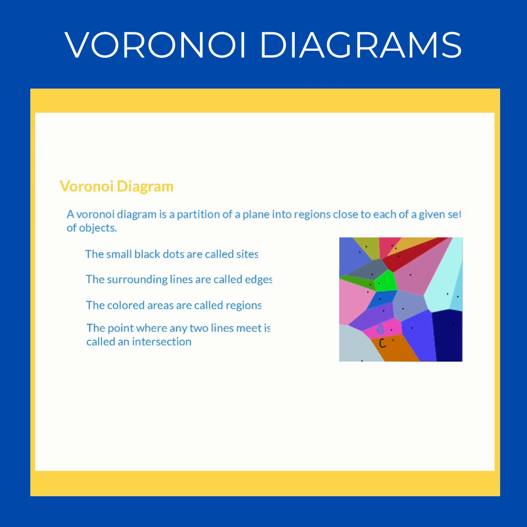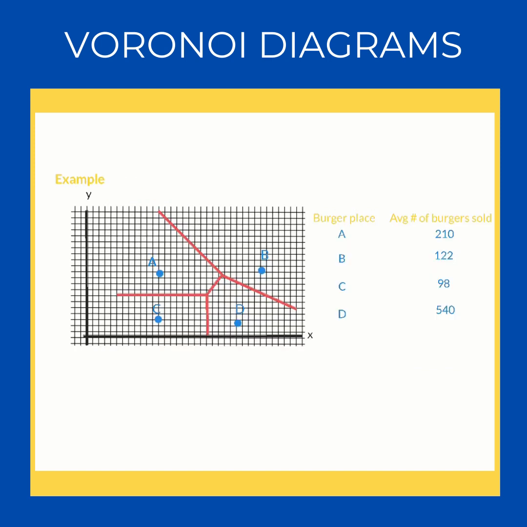Now, let's go over an example and see how we can construct Voronoi diagrams. In this example, this is a Voronoi diagram. This is the y-axis and this is the x-axis.